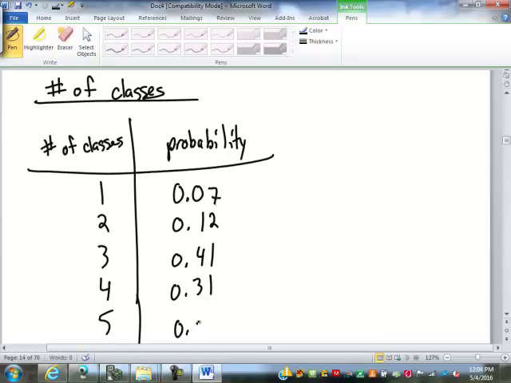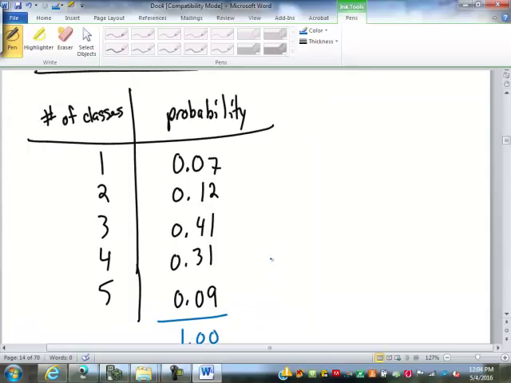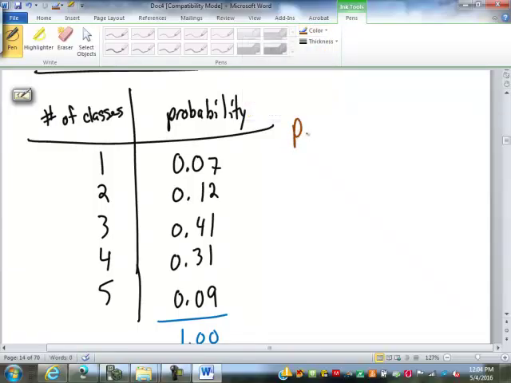Then this will be 0.09 for 5 classes. So those are our probabilities. Now we're going to double check here. If we add this up, that does add to 1.00. So this is a valid probability distribution. So now I can ask questions like, what is the probability that a student will have at least 3 classes?